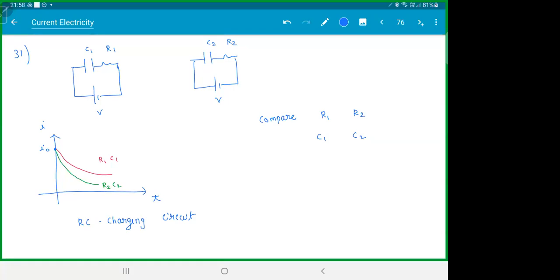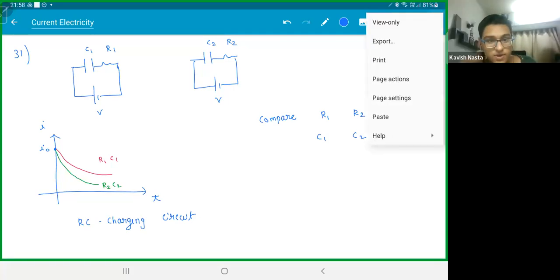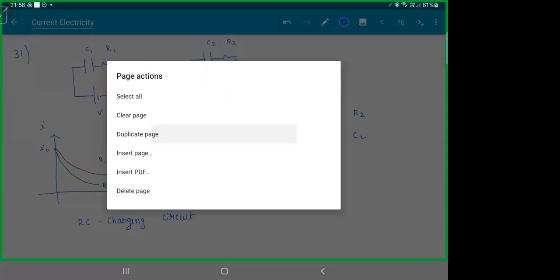R1, R2 are the same, right, Kavish? And capacitance? Think. At T0, what is the current? At T0, what happens to the capacitor? We can consider it to be a wire.